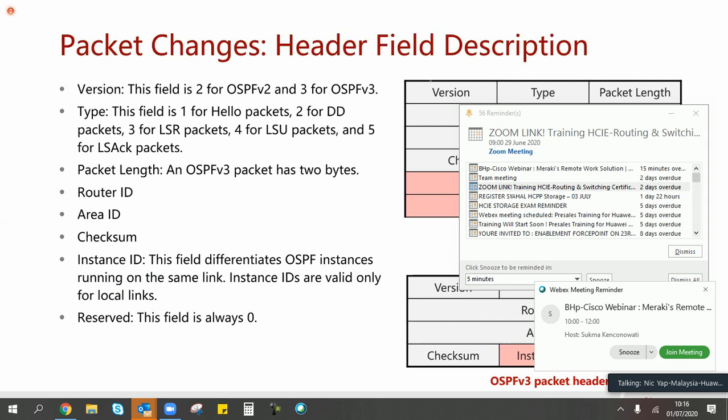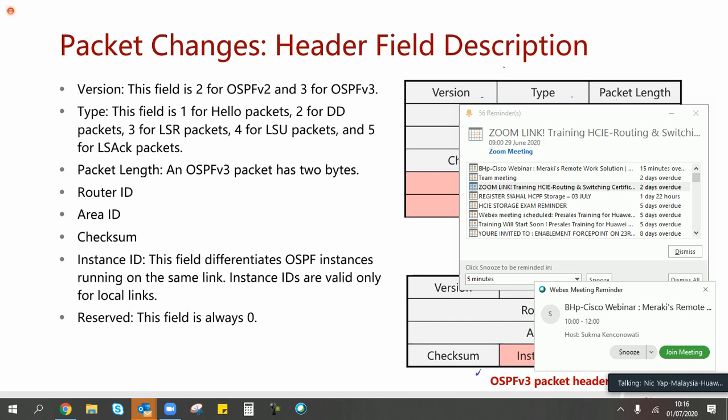Okay, so this is OSPFv2 and OSPFv3. Under OSPFv2, we have version, type, packet length, router ID, area ID, checksum, authentication type, authentication field. But when you go to OSPFv3, we have only version, type, packet length, router ID, area ID, checksum, and all these three have been changed to the instance ID and reserved.